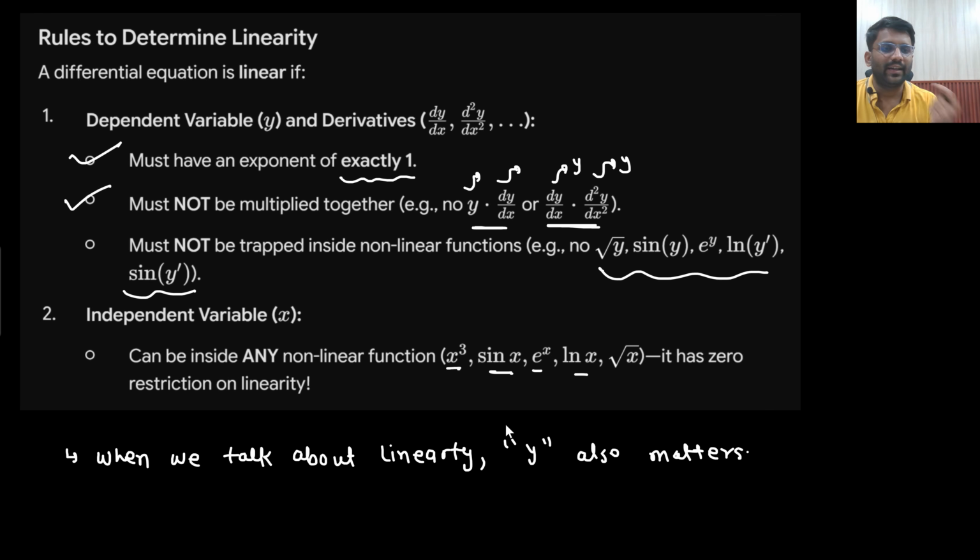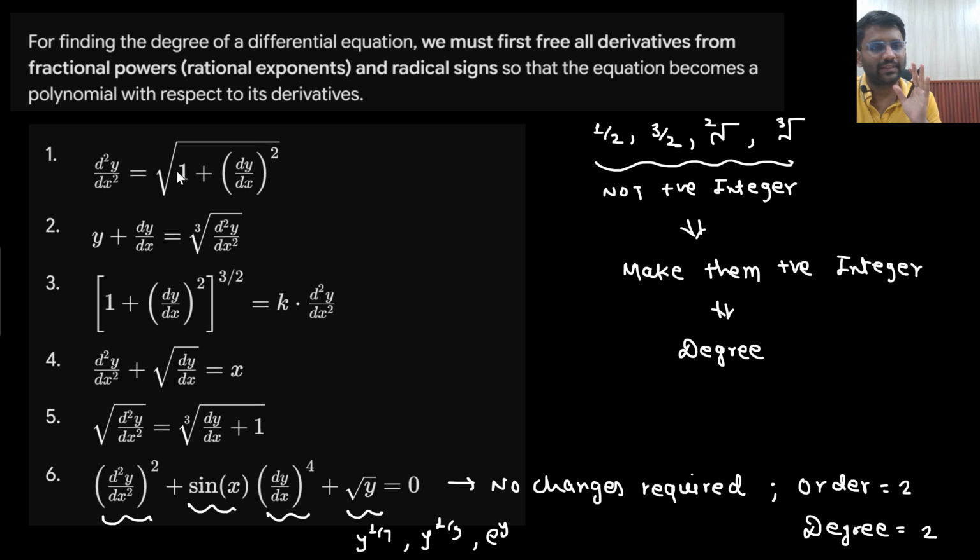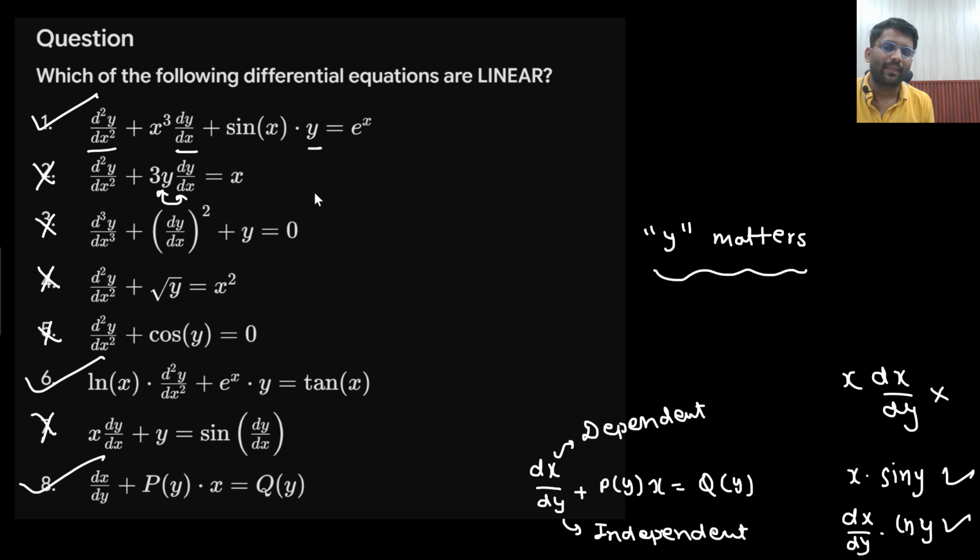The only change in linearity is that in degree, if there is an under root, or power 2/3 or 4/3, that is acceptable. But when we talk about linearity, strictly the power has to be 1.